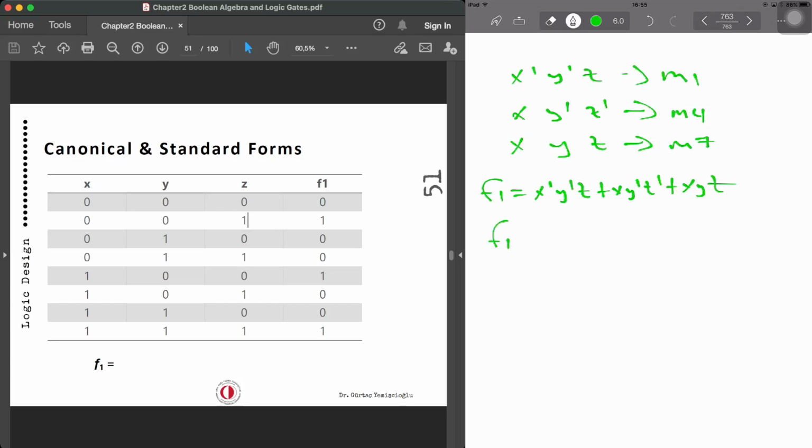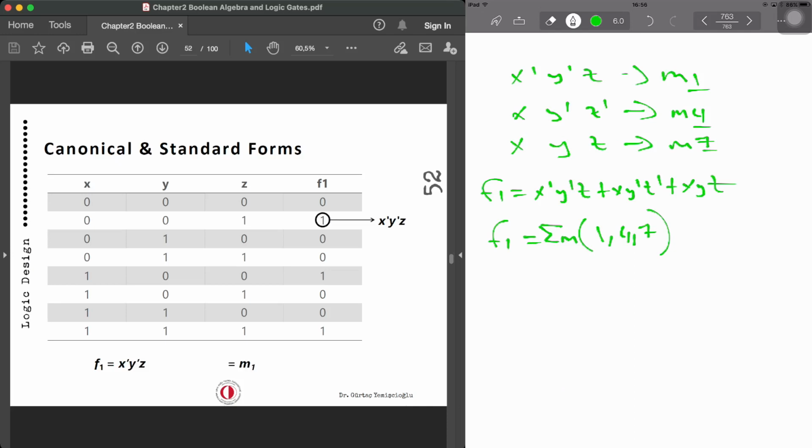So f1 is equivalent to the sum of the min terms 1, 4, and 7. So I can write it in this form. Okay, so this is how we are deriving the sum of the min terms, or the product of max terms, which I will show you as well. So let's see these in the slides as well.